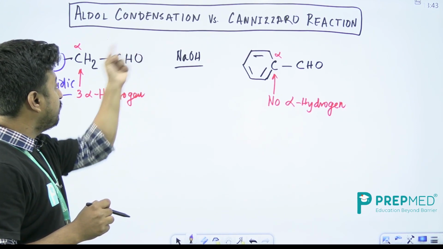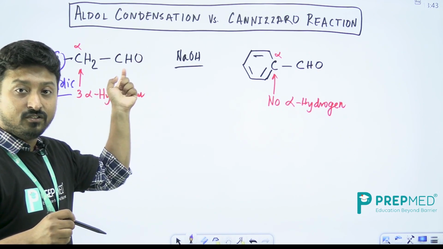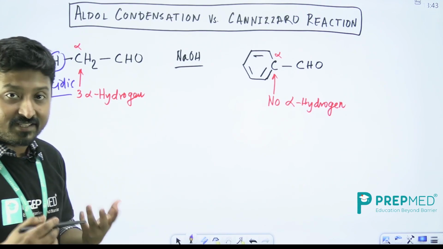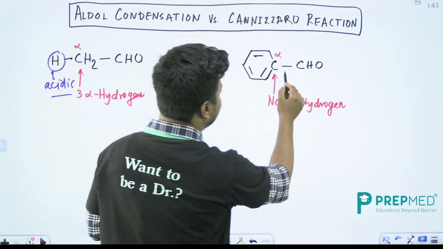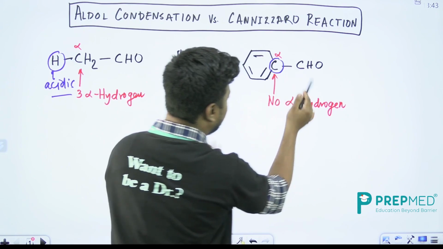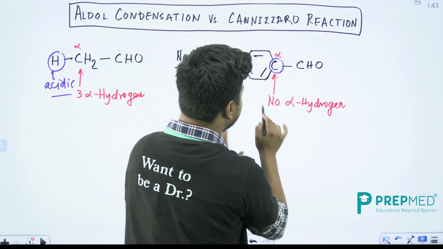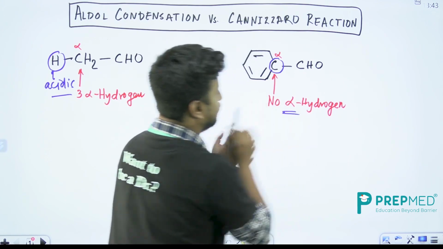Due to the electron withdrawing tendency of the aldehyde group, this hydrogen becomes electron deficient, so it is acidic. Very simple concept. But in the other molecule, benzaldehyde, the carbon does not contain any alpha hydrogen.